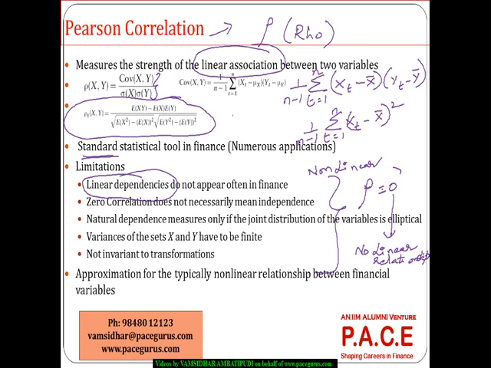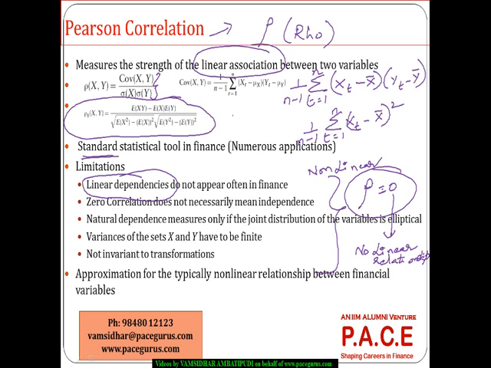This is a very dangerous area for us. When the correlation comes out to be 0 also, we can't typically conclude that these two variables are independent. We can only say they are not linearly dependent. They could be non-linearly dependent as well. So that is one major limitation with the usage of the correlation model.